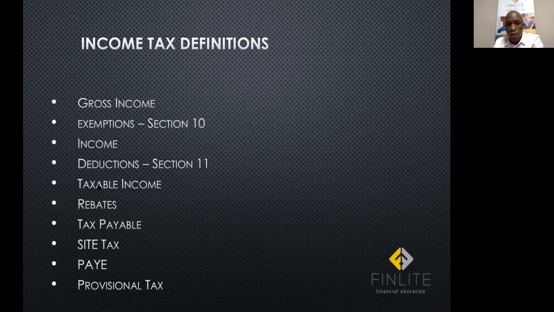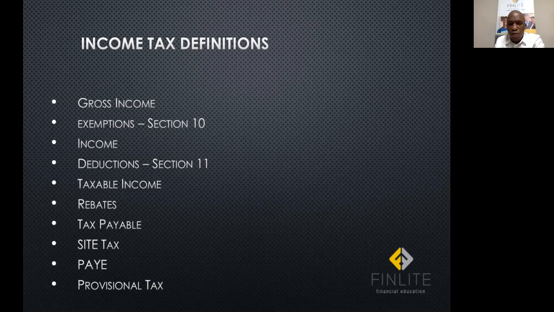So it follows that sequence. And then after your taxable income, and we'll look at a tax table a little later that will help you to understand this better, we're looking at rebates, and rebates are money that is almost given back to you for just being a citizen.